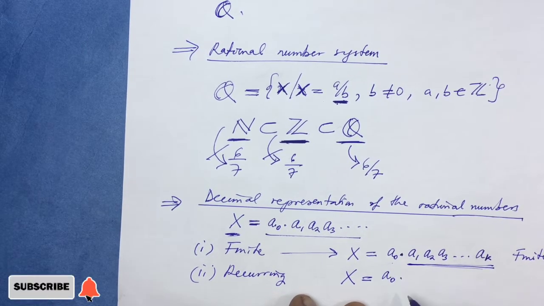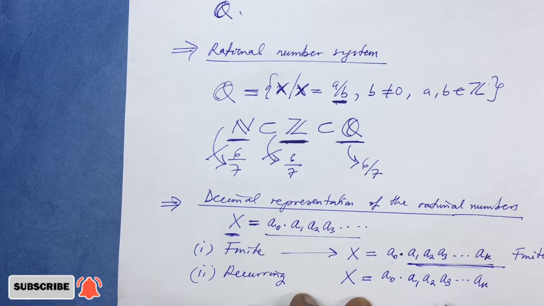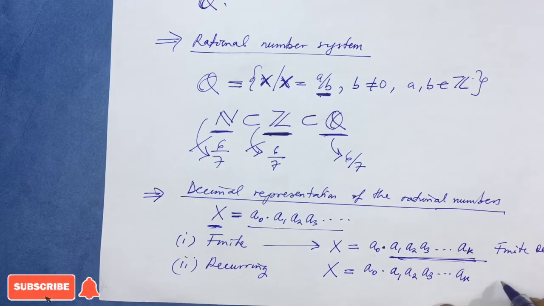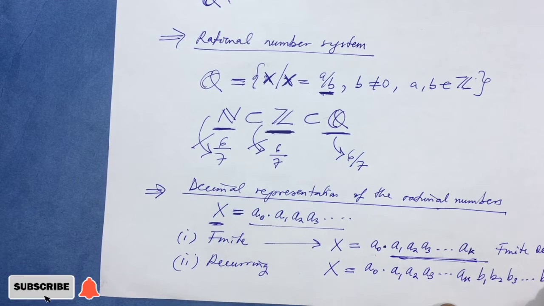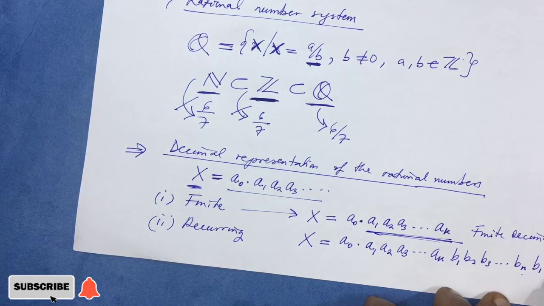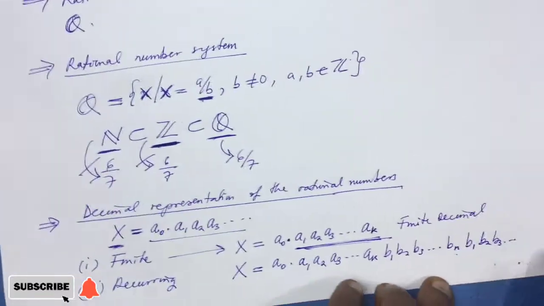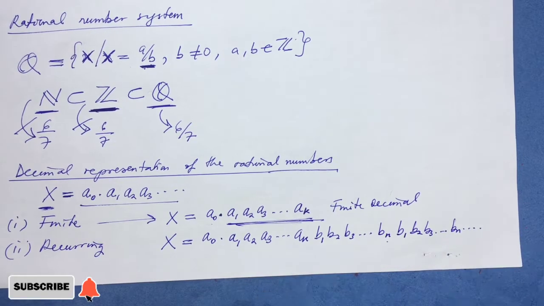If the number you are dealing with is a rational number and it is not a finite decimal, it can happen that you have something like this: a1 a2 a3 up to ak as a fixed block of digits, followed by a set of recurring digits, such that you have b1 b2 b3 up to bn, repeating itself again after bn: b1 b2 b3 up to bn. And then it keeps repeating itself.